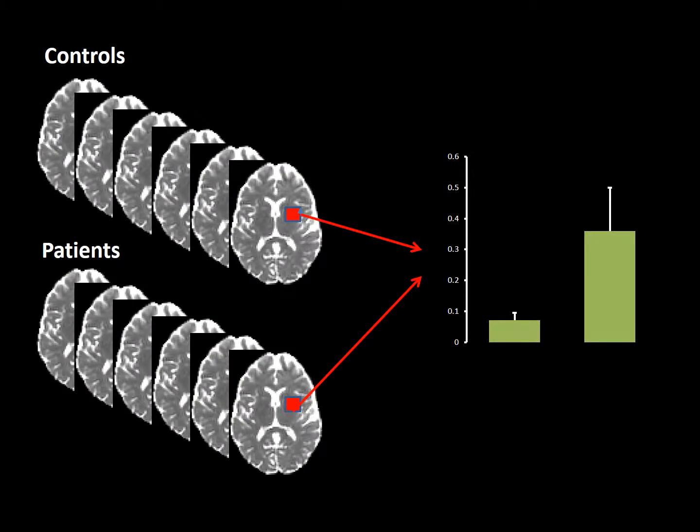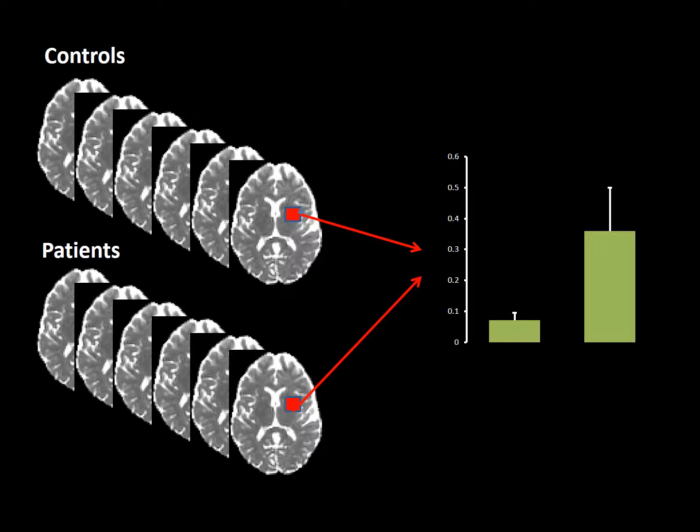So similar to voxel-based morphometry analysis of grey matter images, mean diffusivity can be used also in a relatively simple manner by comparing brain maps of mean diffusivity between groups, for example between a group of controls and a patient population. So once mean diffusivity maps are calculated, they can be spatially normalized to a standard template.